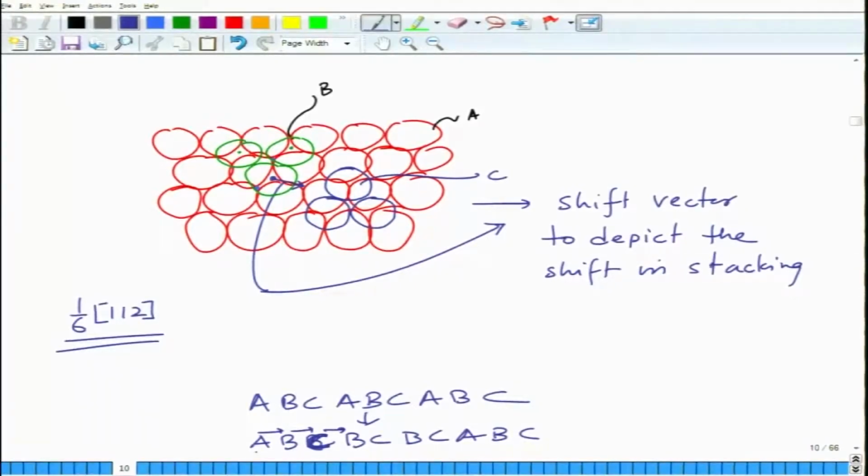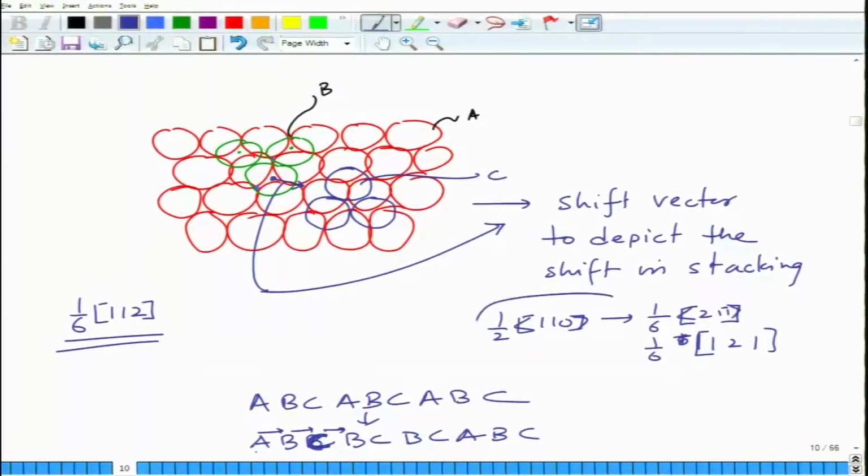Unfortunately I cannot go into partial dislocations in this course, but basically one full dislocation, which is half 110, gets broken into two dislocations of type 1/6 211, and if it is 110 then obviously it is going to be 1/6 21 bar 1, and this would be 1/6 1 2 bar 1. So this sort of reaction will occur.